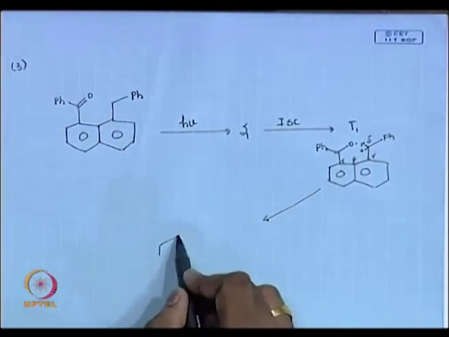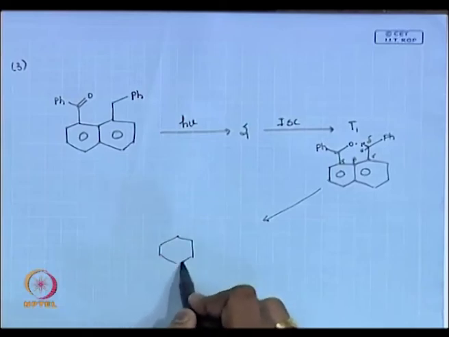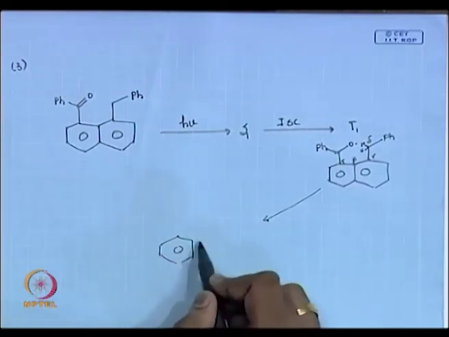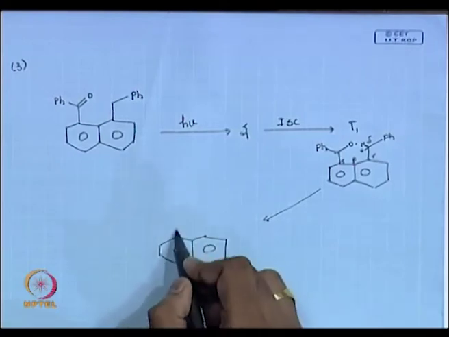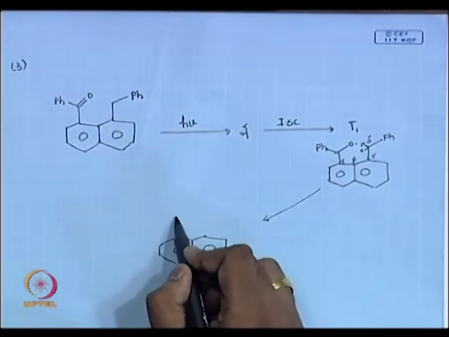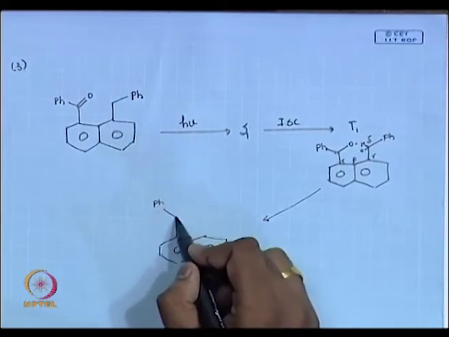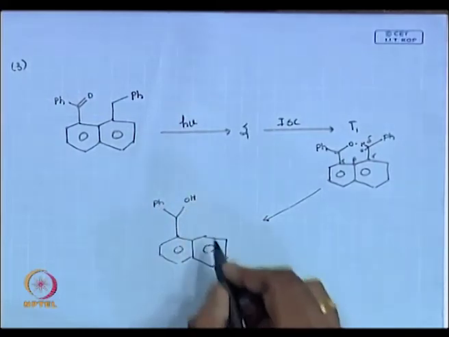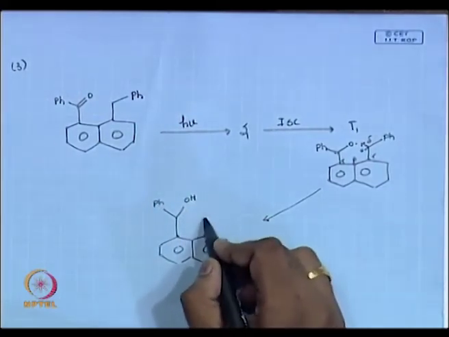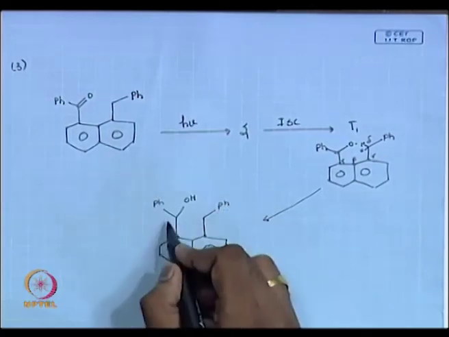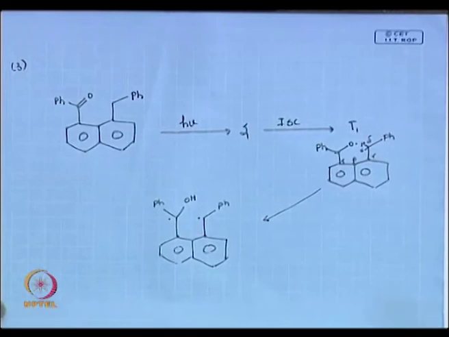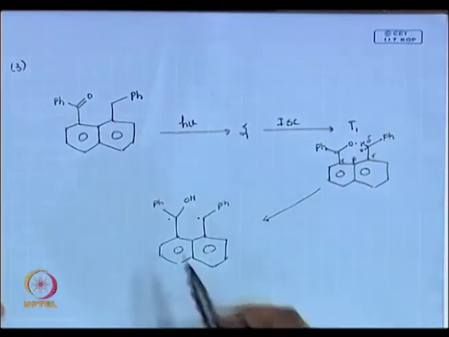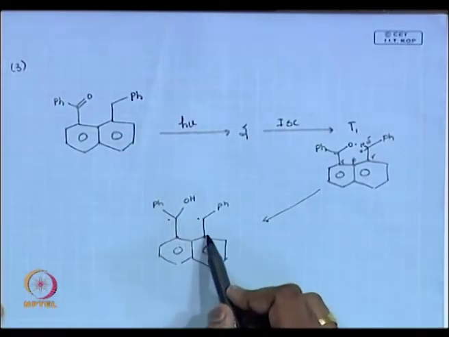So, if it abstracts from your delta, again you are getting a system of what radical: 1, 2, 3, 4, 5.